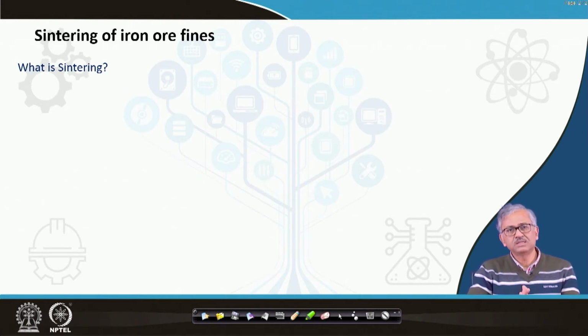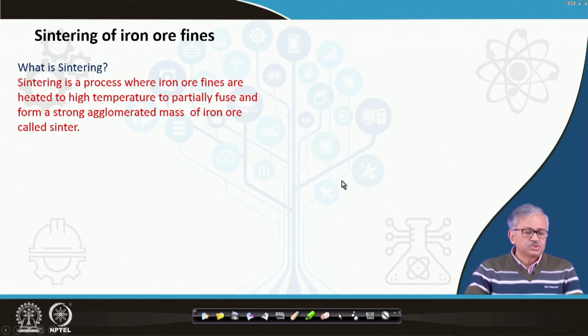So basically, sintering is heating the iron ore fines at a high temperature and bonding them by fusion bond as well as diffusion bond, through atomic movement and crystalline formation. So, sintering is a process where iron ore fines are heated to a high temperature to partially fuse and form a strong agglomerated mass of iron ore called the sinter.